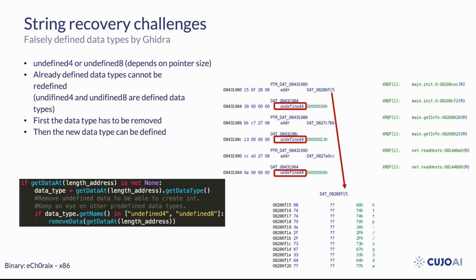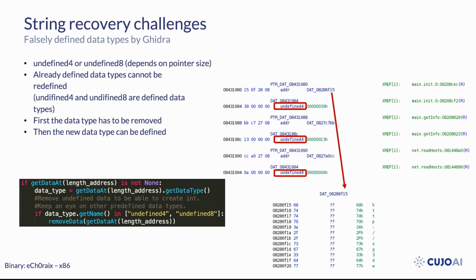So for example, here you can see that these values, the 39, 13, 8, that we would expect to be an integer, to be the length of the string, are already defined. It's kind of funny that it's called undefined, but it's still a defined data type. So when we look for these values and we want to define an integer there, we will get an error since we cannot create a data type where there is already a data type.